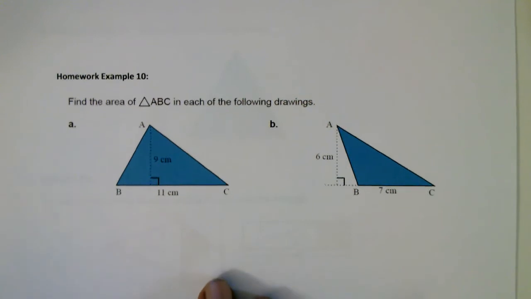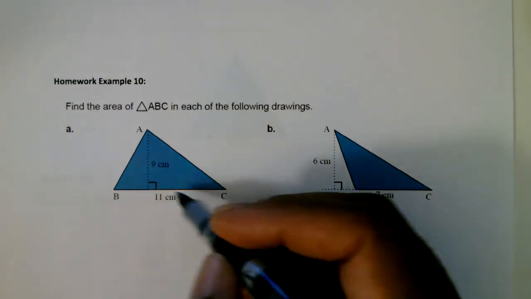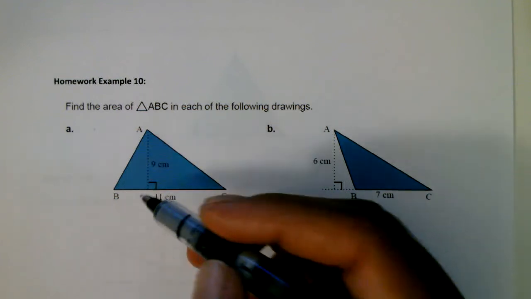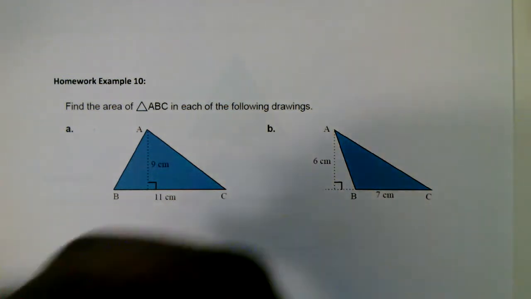Here's a couple of more examples. Finding the area of triangle ABC in each of the following drawings. In part A, we have a triangle with a base of 11 and a height of 9. What we need to do here is simply take 1/2 the base times the height.